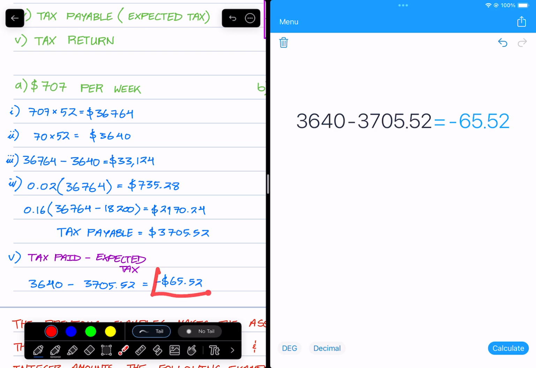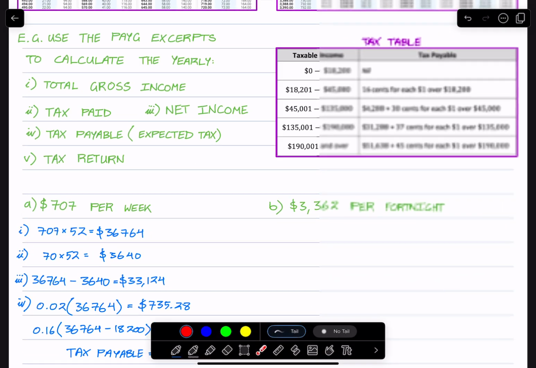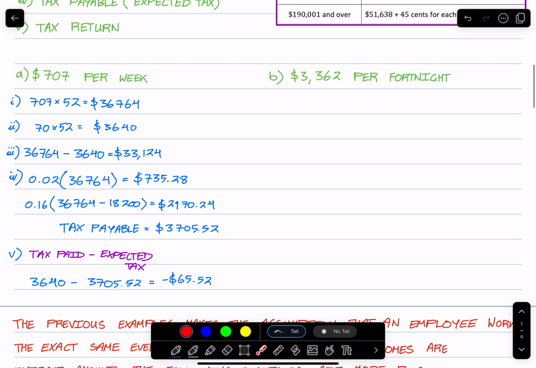So this person would have to pay a tax debt back to the ATO by the end of the year. But I hope this gives an insight to how a full tax return actually works.